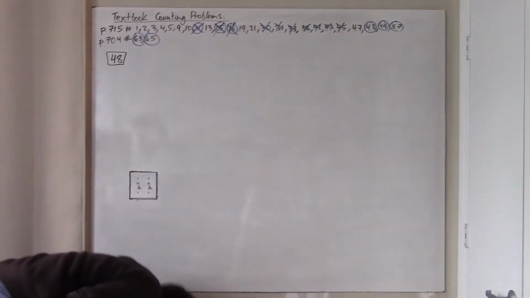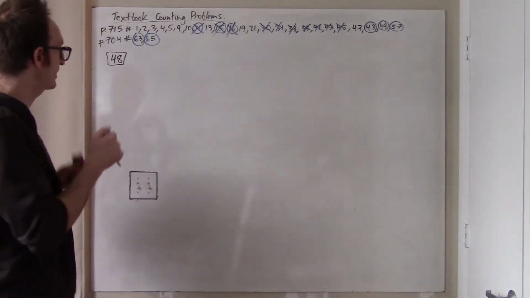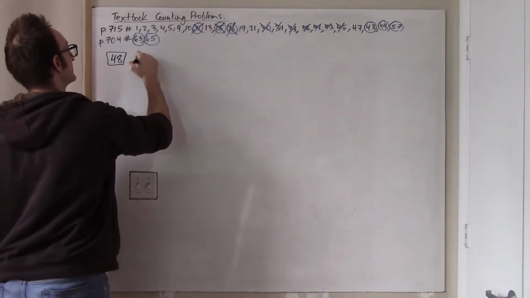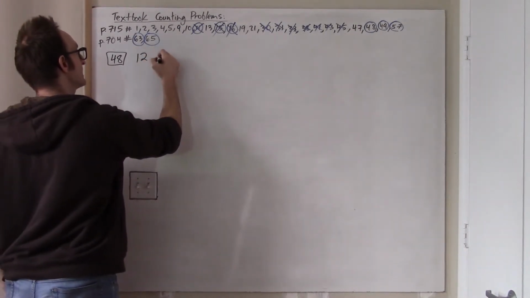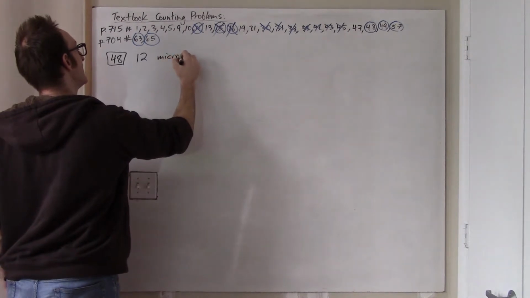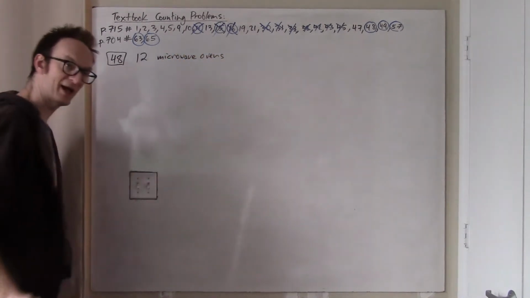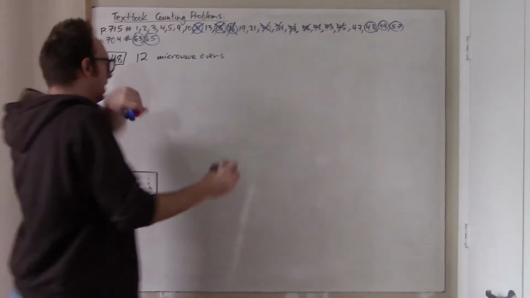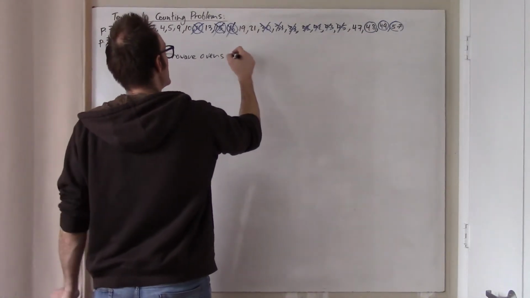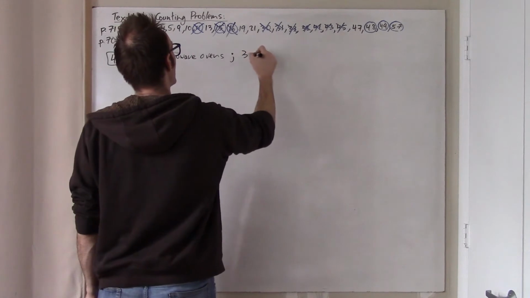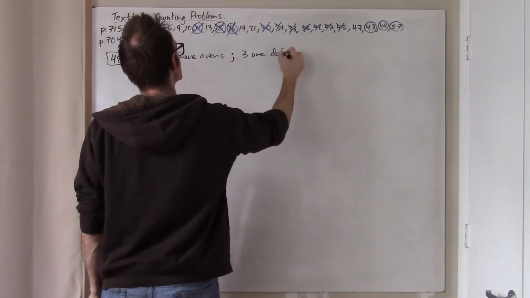So let me just, I'm not going to write that entire thing, but we have, sort of taking notes, so to speak. We have 12 microwave ovens. And what the problem tells us is that 3 are defective. I think that's the word they use.